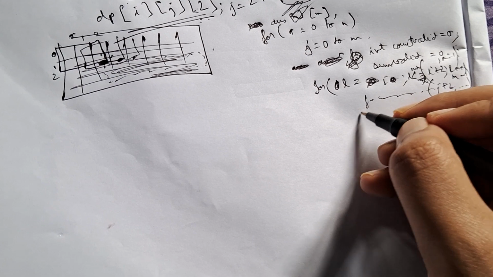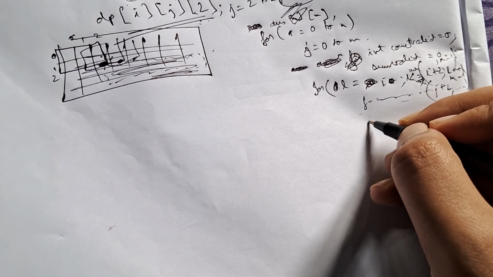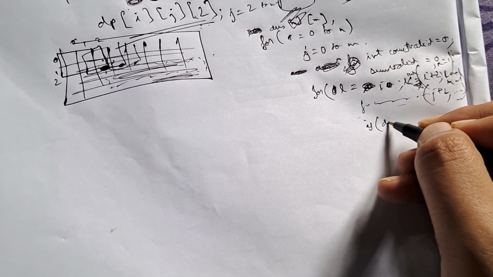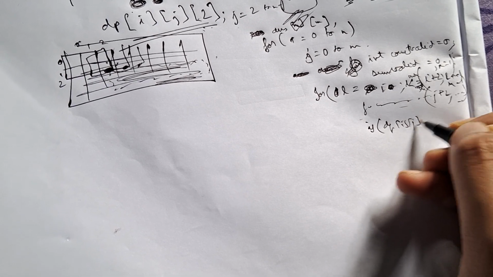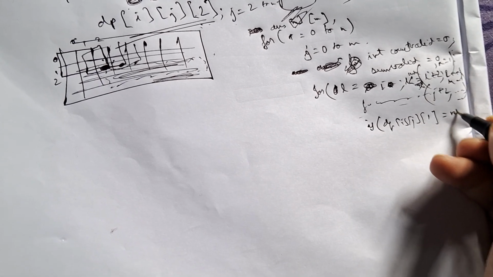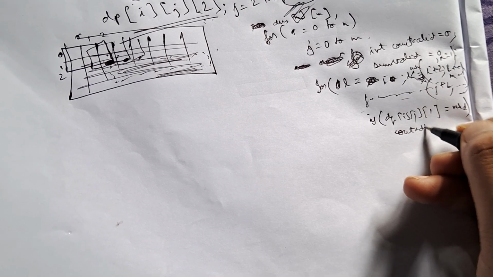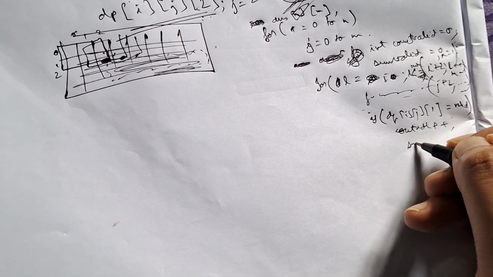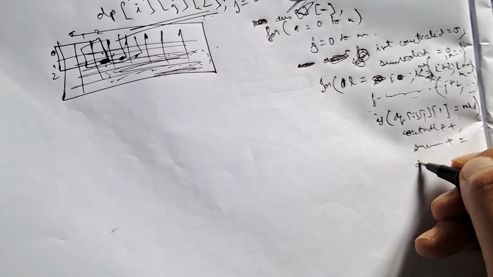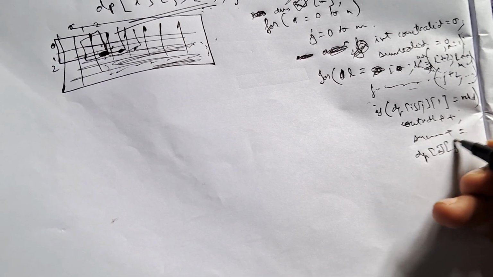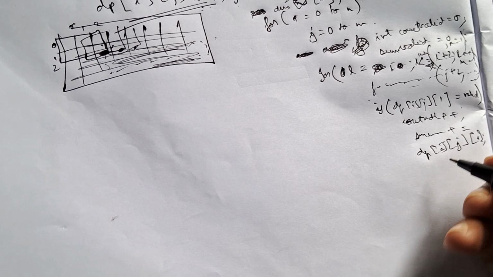For every element you have to check if this dp[i][j][1] is valid. Then only count valid plus plus and sum valid plus equal to dp[i][j][0].